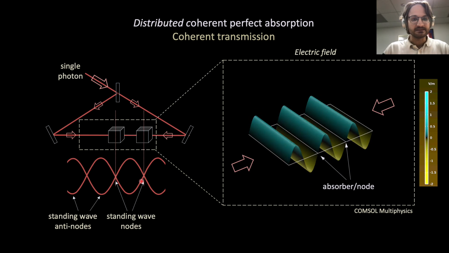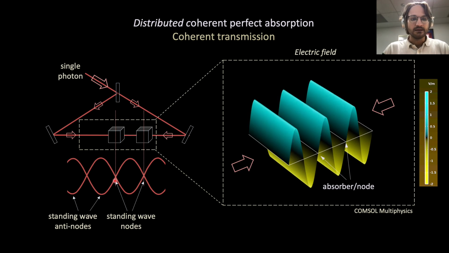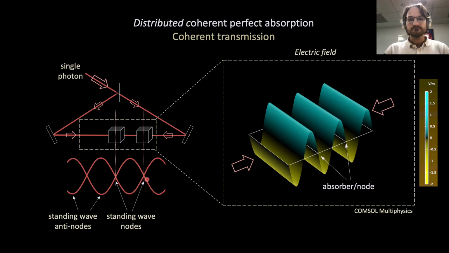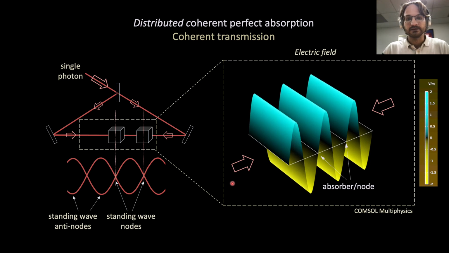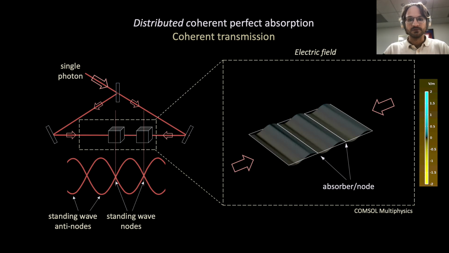So now if we place these thin absorbers, or thin nodes of the quantum network, at the nodes of the standing wave, the electric field is always 0. Light simply does not interact with these absorbers, and as you can see, a nice standing wave is formed.